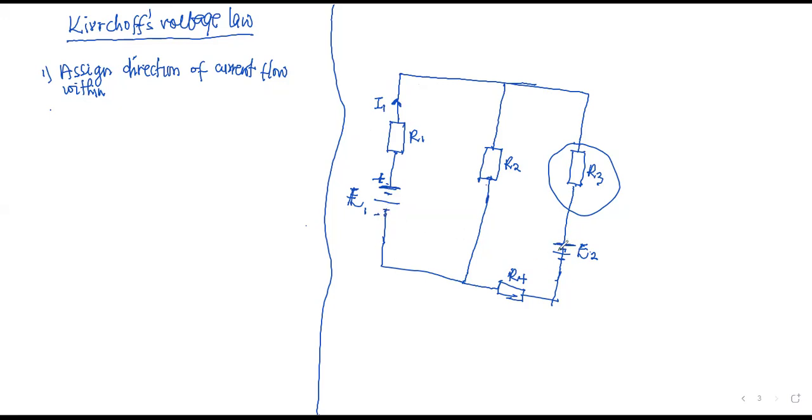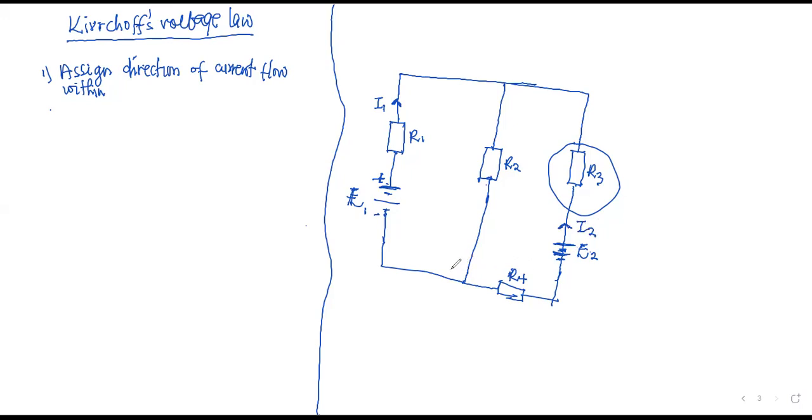Then this source of EMF would also drive charges through the circuit, and when charges flow, it creates current. So I want to obey the conventional directional flow of current. And this is also I2.